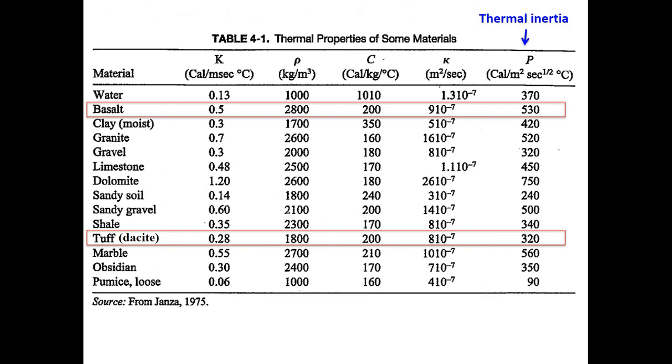Great, so in terms of discriminating materials, all types of materials have different thermal inertias. And as I've said in previous videos, what makes this incredibly powerful is that these are bulk properties of the material.